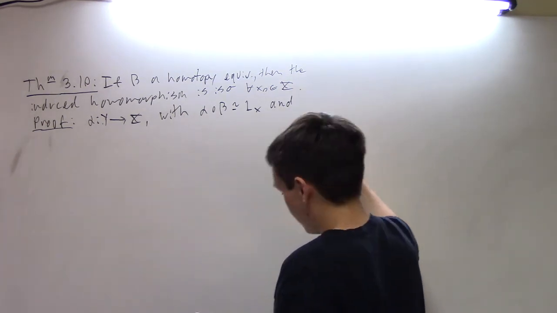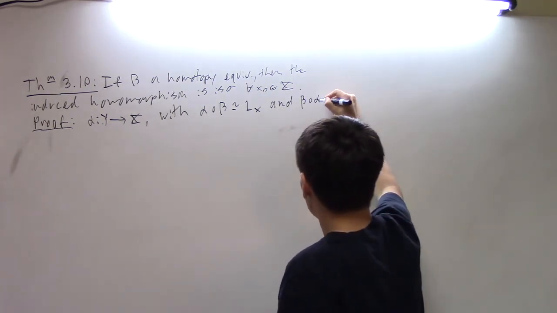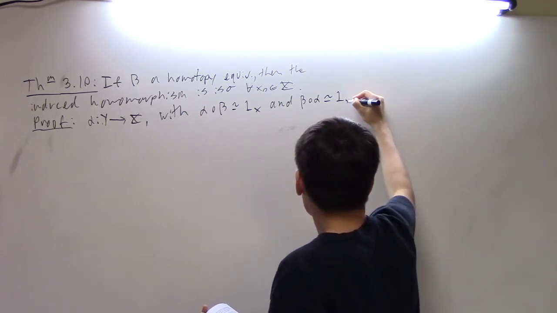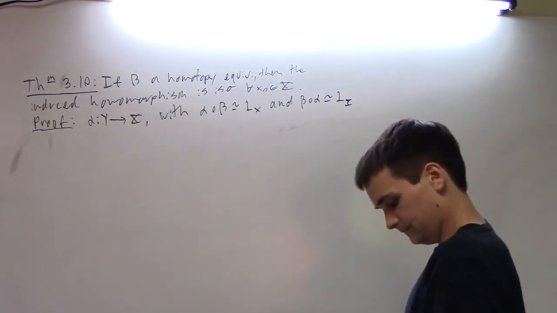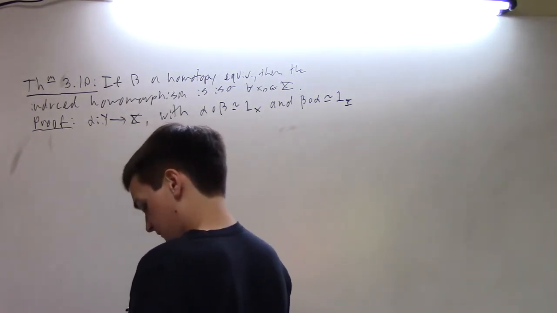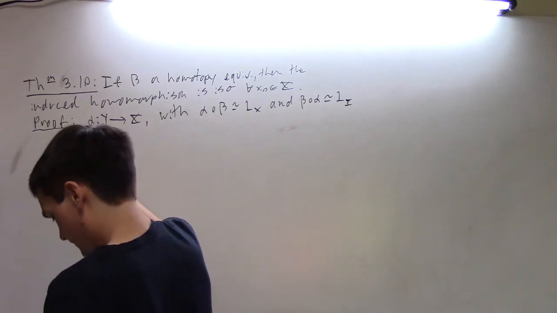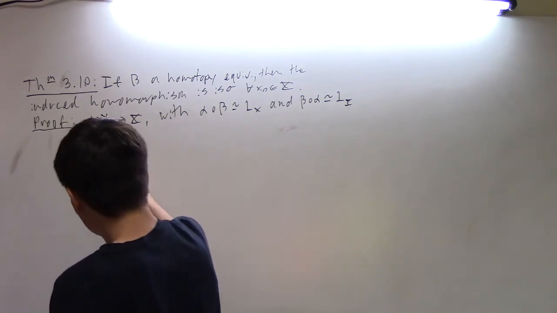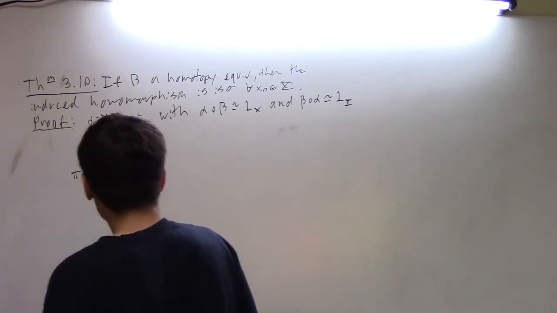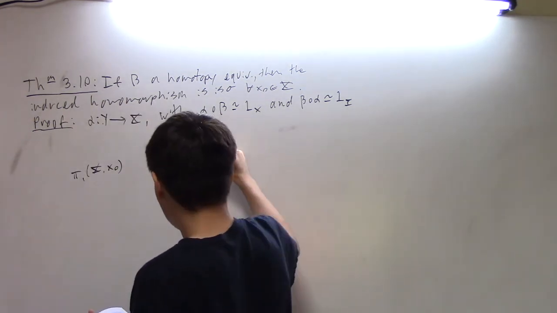And of course we have to have beta of alpha homotopic to the 1 on y. So by the lemma that we just proved, the lower part of this diagram... it takes a while to draw diagrams.